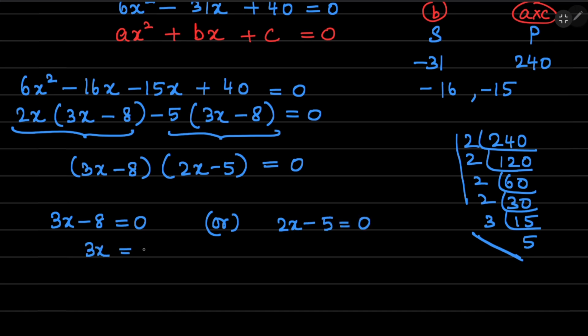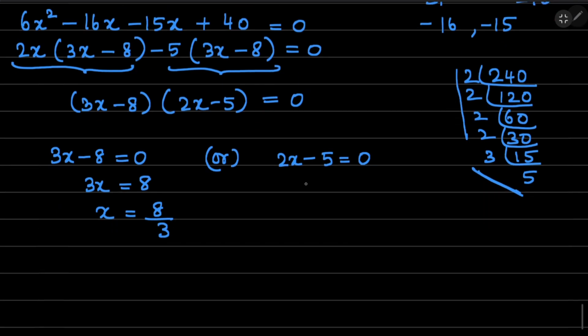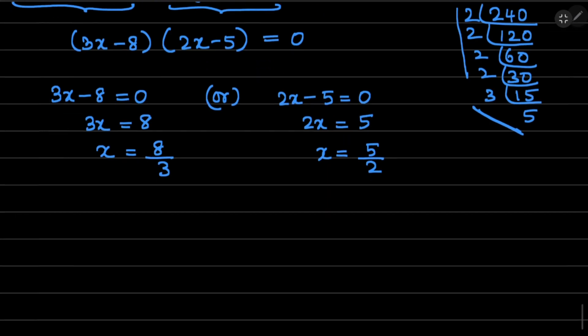So 3x is equal to 8, or x is equal to 8 by 3, is one value of x, or one of the roots. 2x equal to minus 5 will go to the RHS, becomes plus 5, or x is equal to 5 by 2. This is the second root.